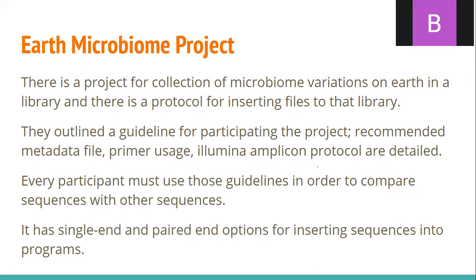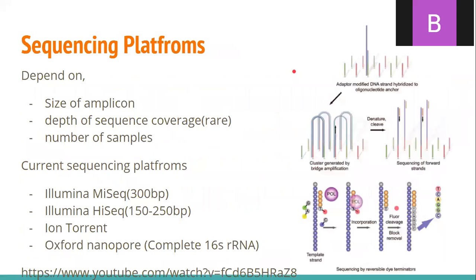They recommend the metadata file, the primers that can be used for hypervariable regions, and the Illumina amplicon protocol, which are detailed in this guideline. It has two options, single end and paired end, for inserting the sequences into the programs. These are all detailed in the Earth Microbiome Project protocols.